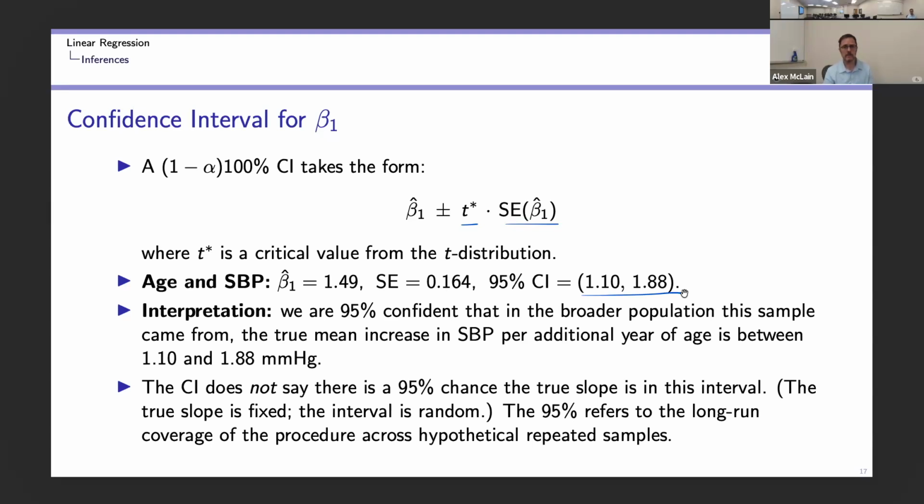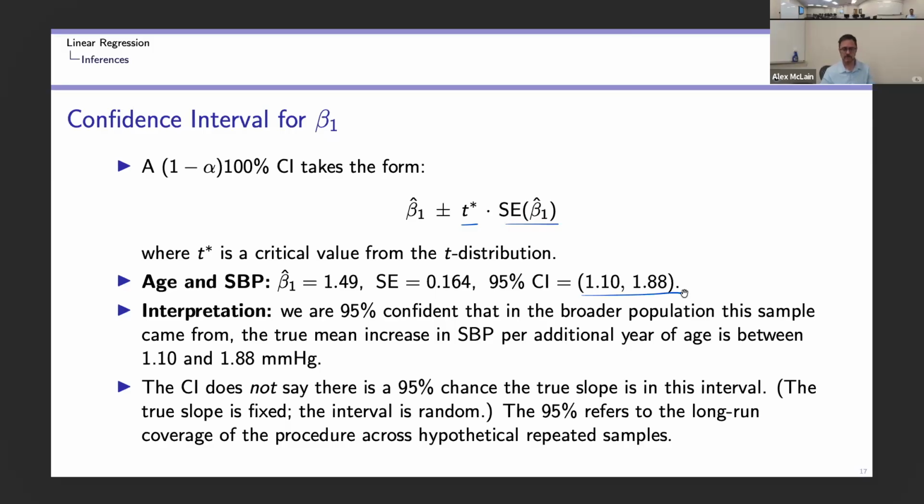How we could interpret that is we are 95% confident that in the broader population this sample came from, the true mean increase in systolic blood pressure per 1 year increase in age is between 1.1 and 1.88 milligrams Hg.